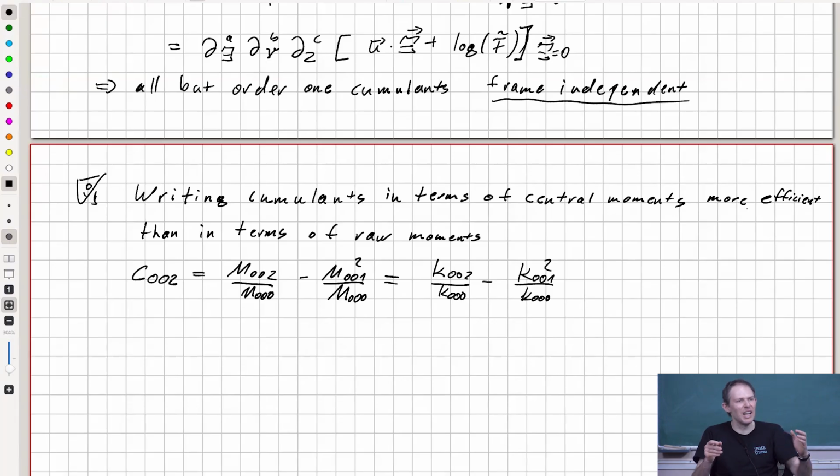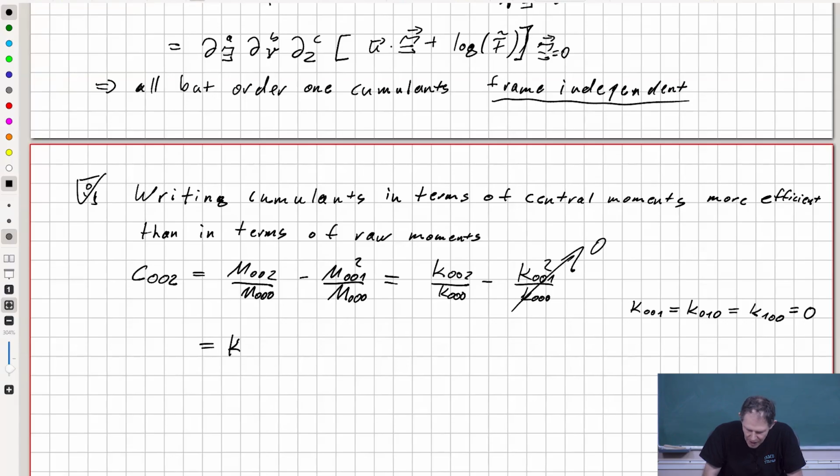Usually if we compute cumulants in terms of moments, there will be many occurrences of first order moments. If we write them in central moments, these first order moments are all 0. So it's more convenient, because K001 is equal to K010 is equal to K100 is equal to 0.